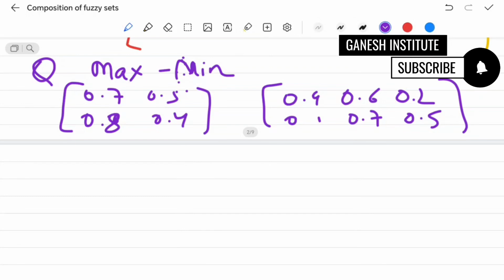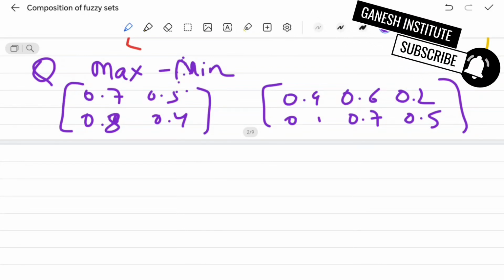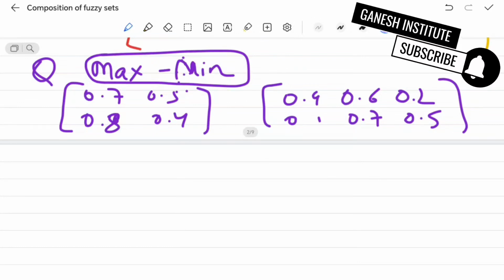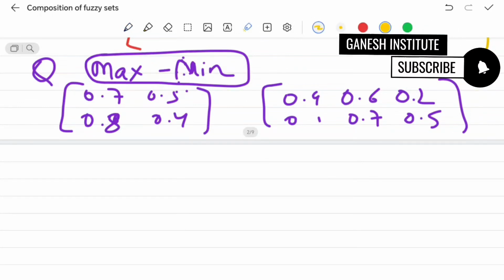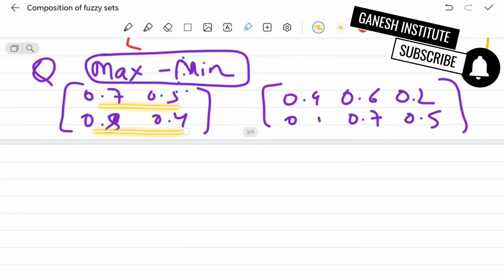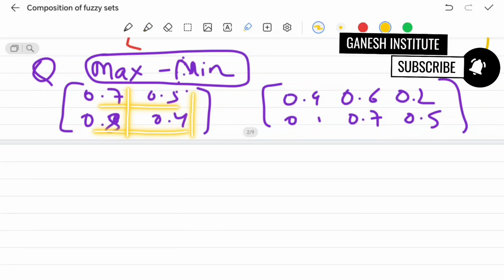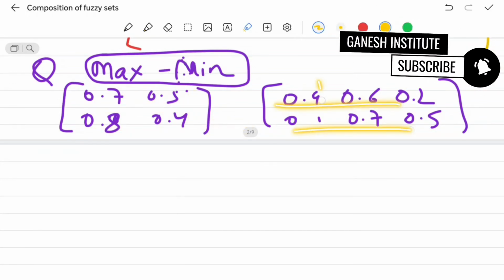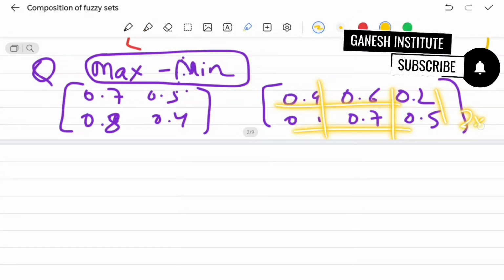When we have to find the max-min composition, again just check this out. How many elements will this matrix have? You can see that we have 2 rows and 2 columns here, so 2 by 2 is the order, and here 2 rows, 3 columns, so 2 by 3 is the order.